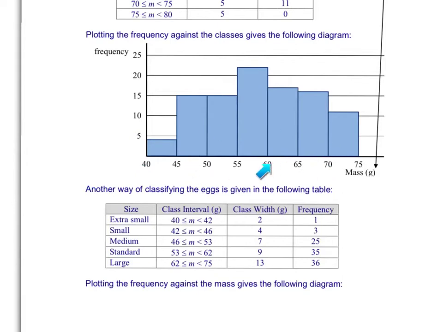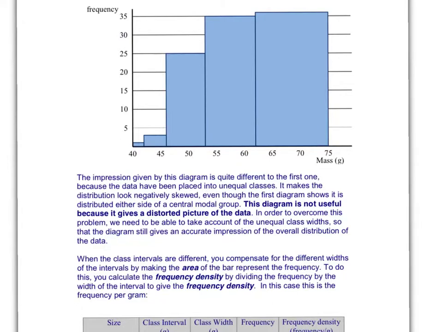Another way of classifying eggs is the following. So this time they've rearranged it from extra small all the way to large. The class intervals now are different. So here you've got 2, over here you've got 4 and 7, and so forth, and then a frequency of 1. Right, given the class widths are different, if we were to plot this, this is what we'd get.